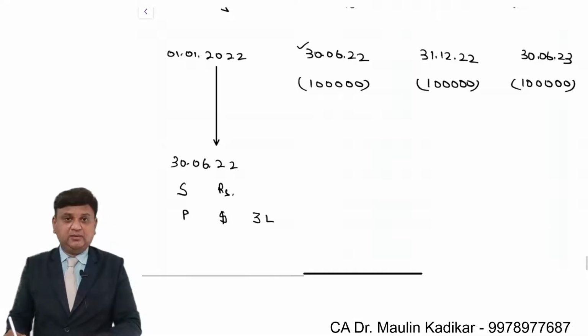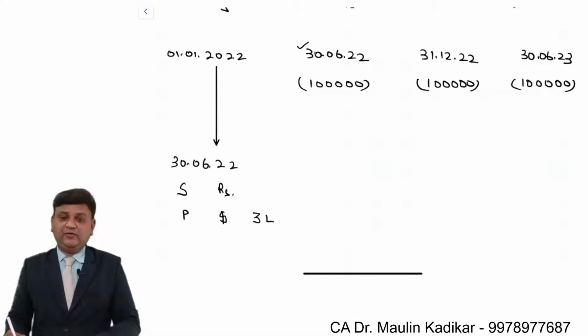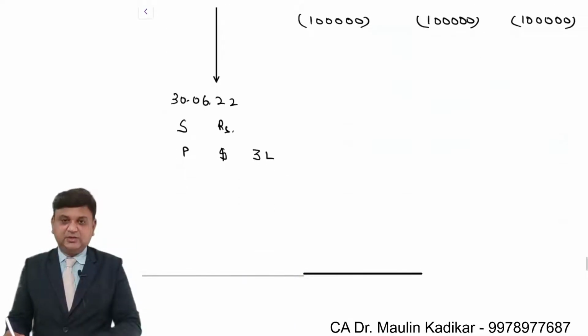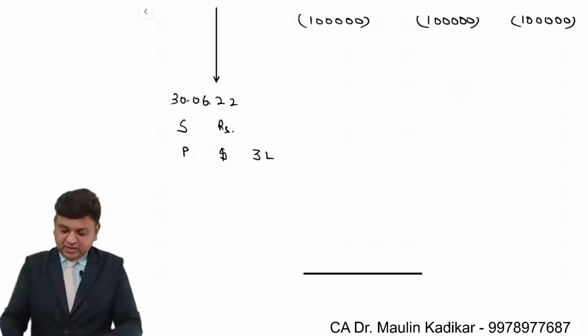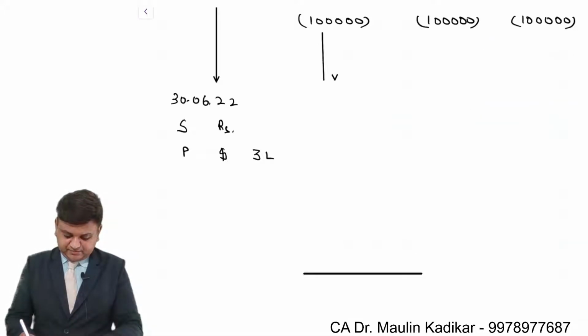Now on this date, listen to me carefully. What will happen? You will purchase $3 lakhs, and out of that, $2 lakh will be sold in the spot transaction. So on that date, you will enter into two transactions. One is the spot transaction and another is the forward transaction.